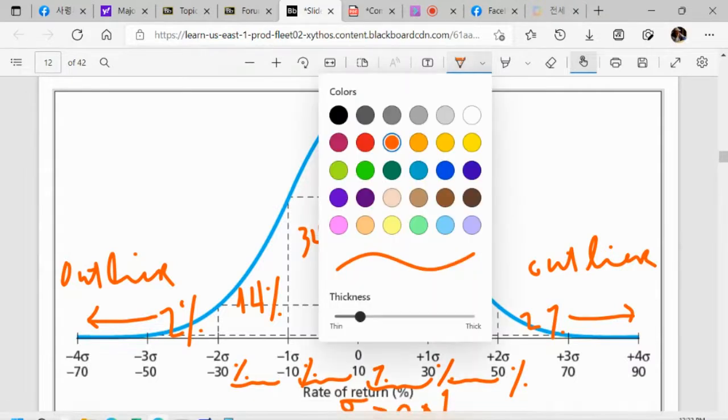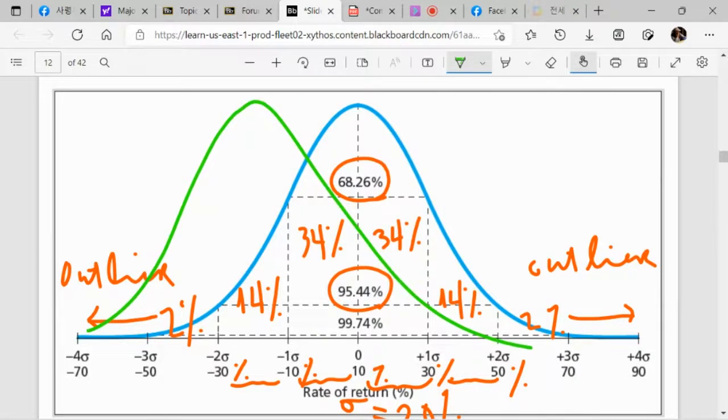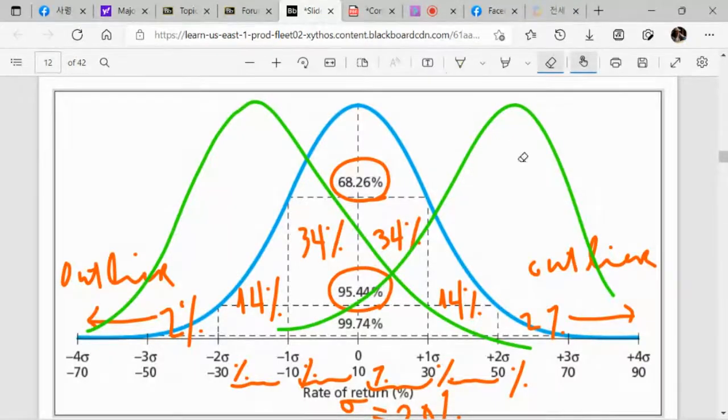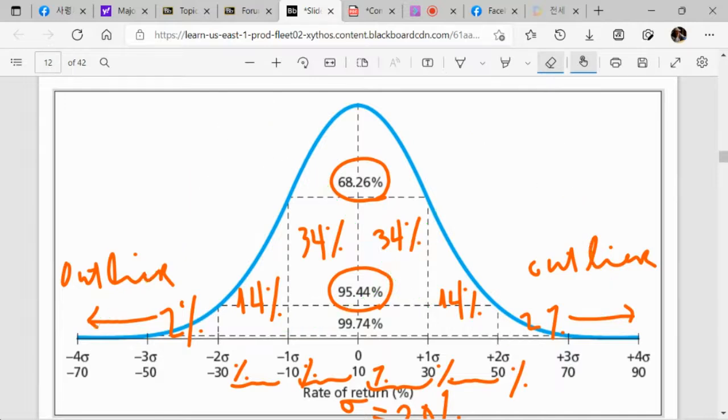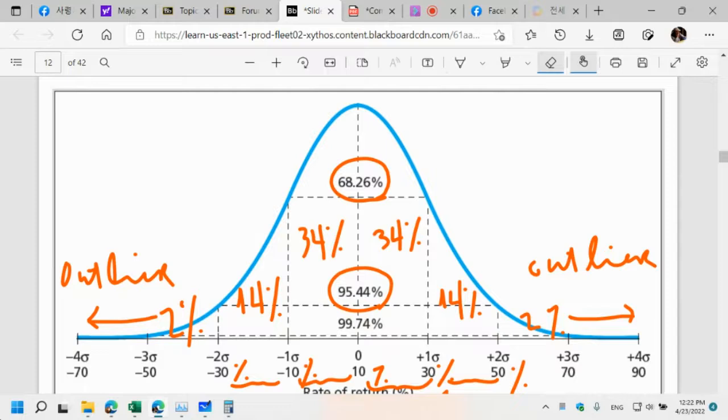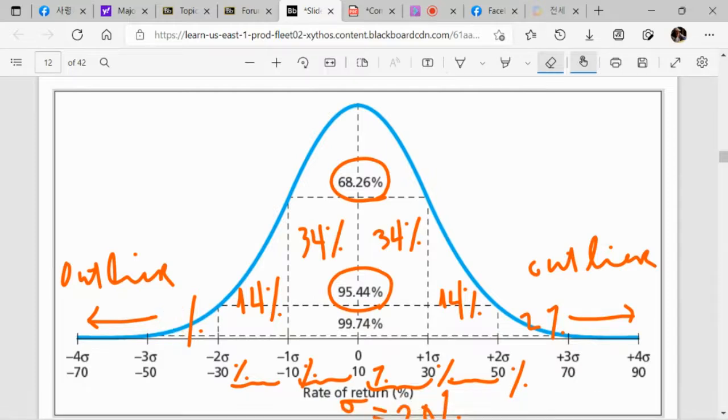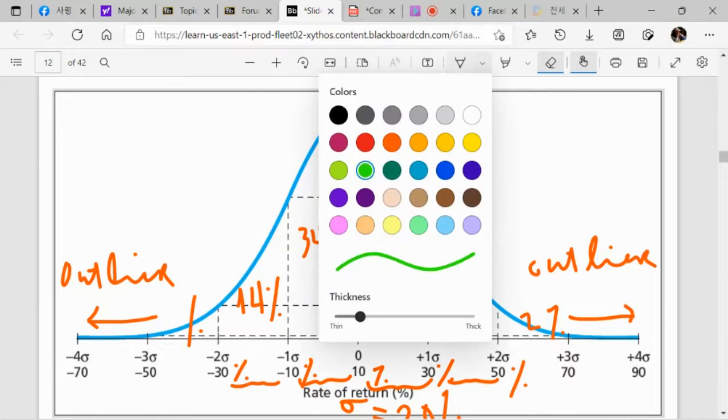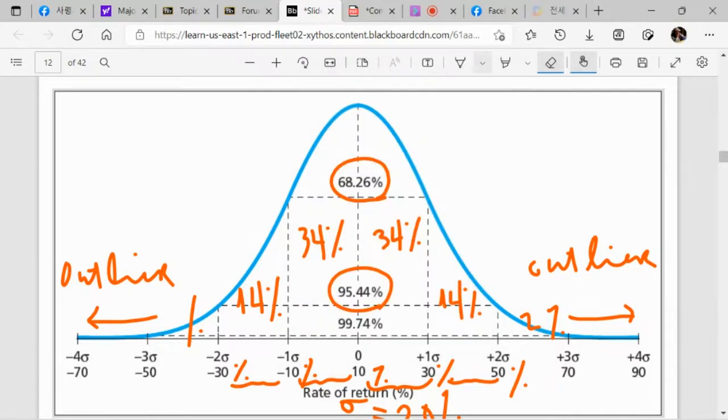But our scenario may not display a scenario like that. Rather, it might display a scenario like this, or a scenario like this. Or even if it is the same mean, the scenario could be more like this.